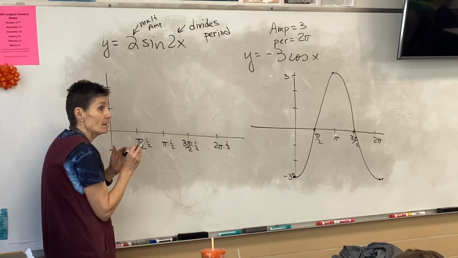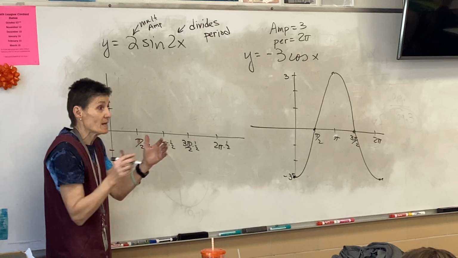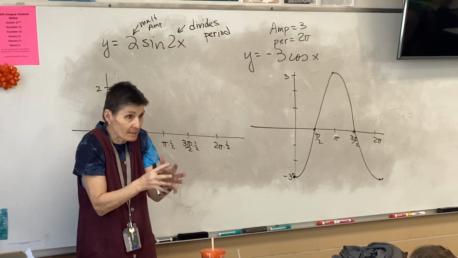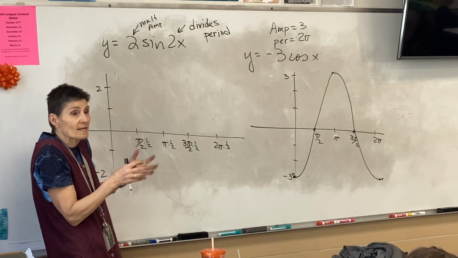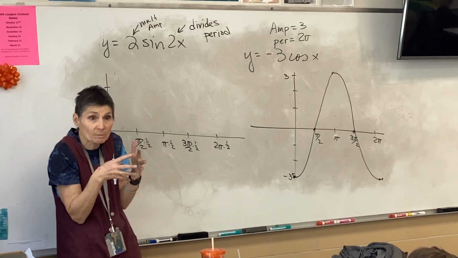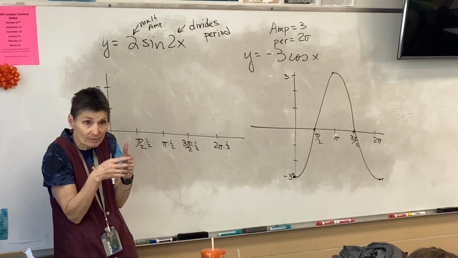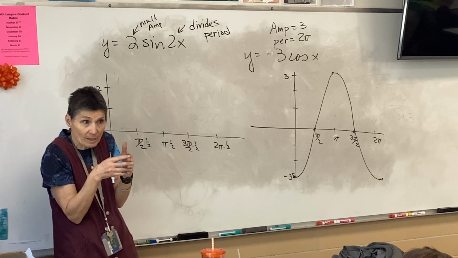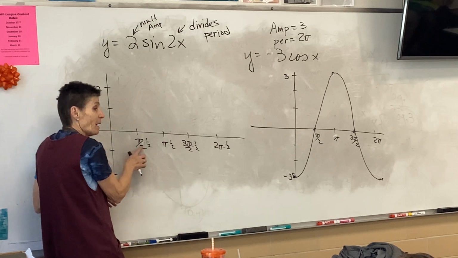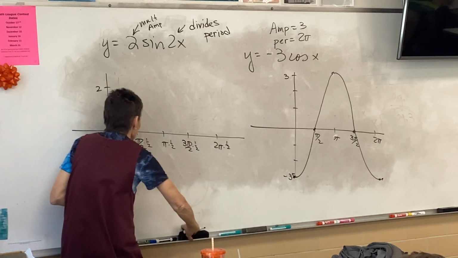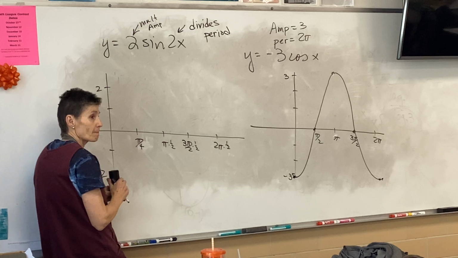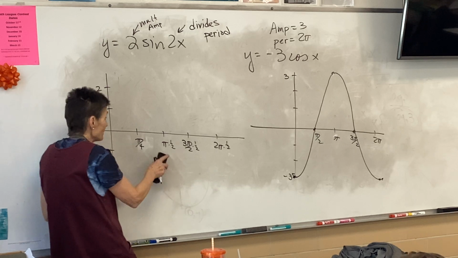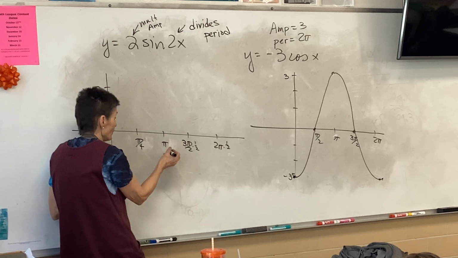The whole thing is getting divided by 2. These are fractions, so instead of dividing by 2, I'm gonna multiply by a half. So this won't be pi over 2 anymore. This will be pi over 4. And this one will be pi over 2.